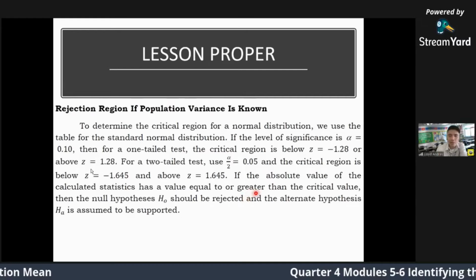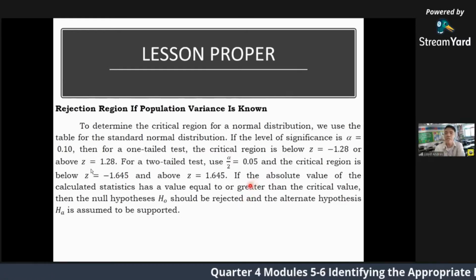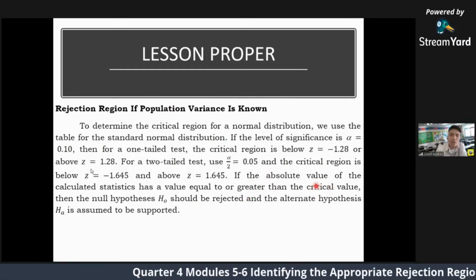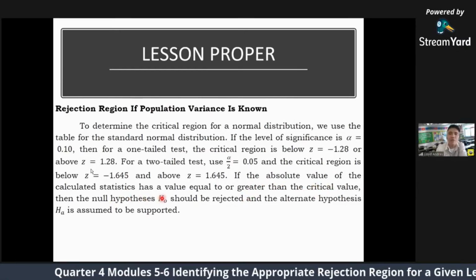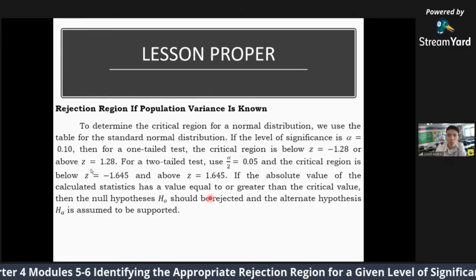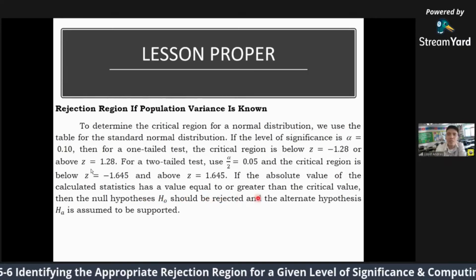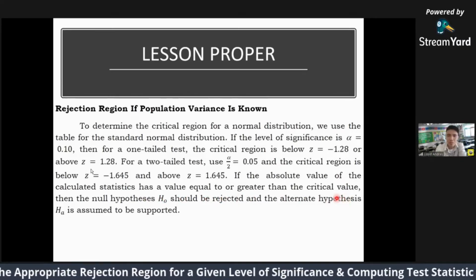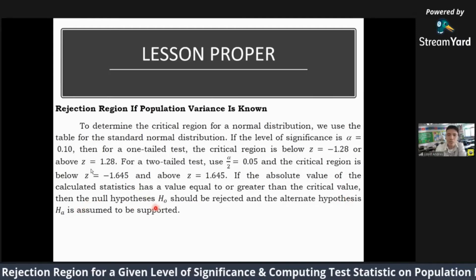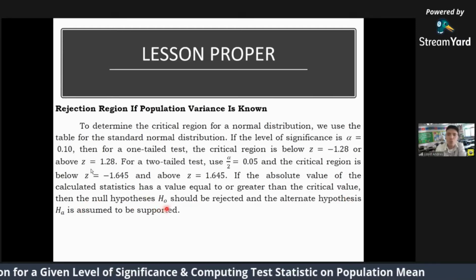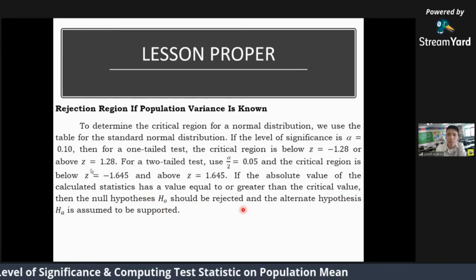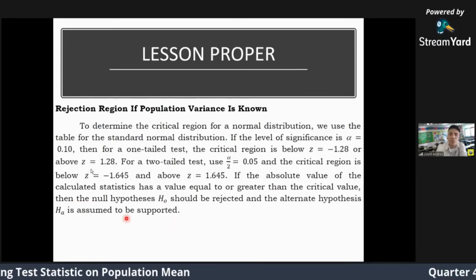So, ingani ang pag-determine. If the absolute value of the calculated statistics have a value equal to or greater than the critical value, then the null hypothesis H sub O should be rejected. And the alternative hypothesis H sub A is assumed to be supported.